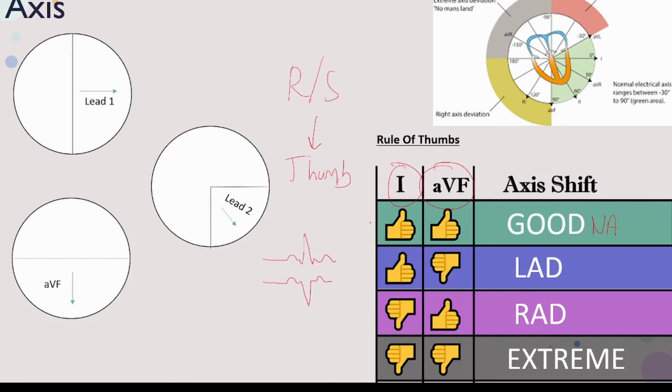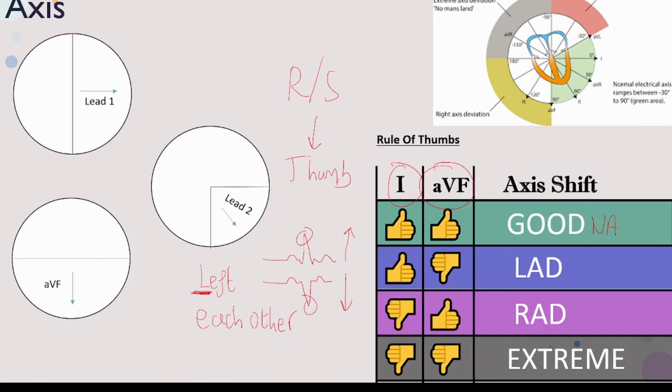So how I like to think about this is you have one thumbs up and one thumbs down. What are they doing? They are moving where? Away from each other. They have left each other. That's how I like to think about it. And the left means left axis deviation.